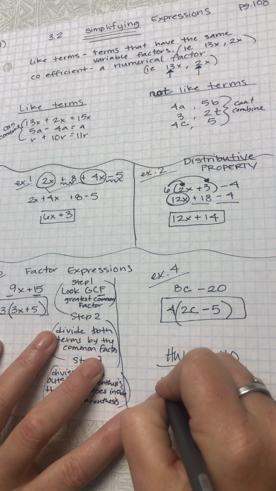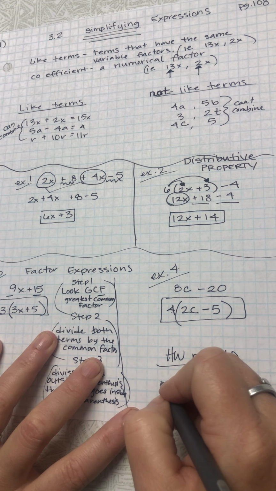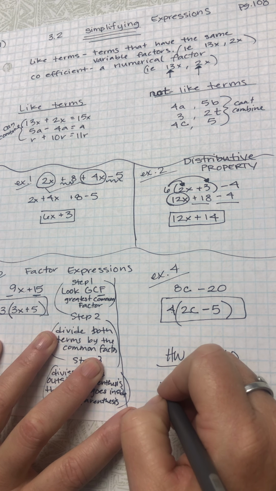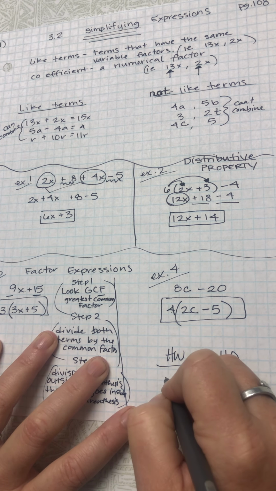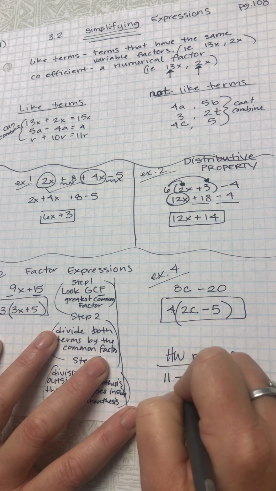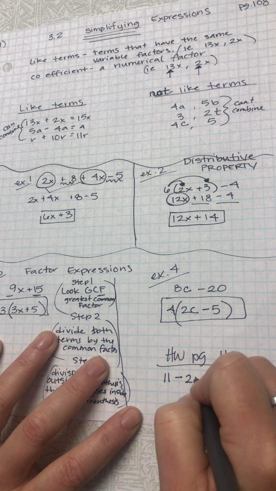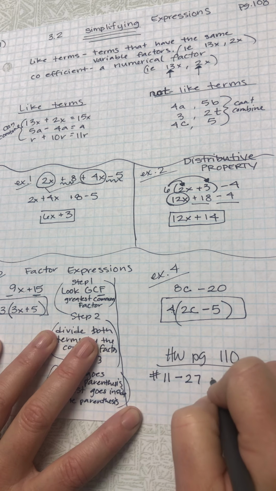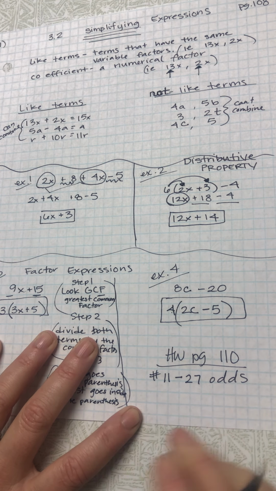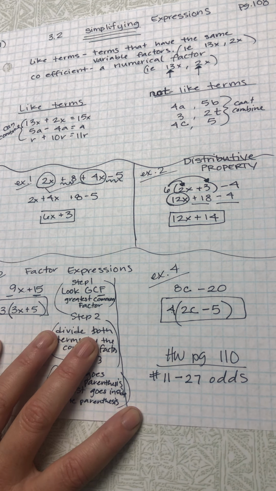Let's do the odds from 11 to 27. Okay? Let me know if you get stuck.